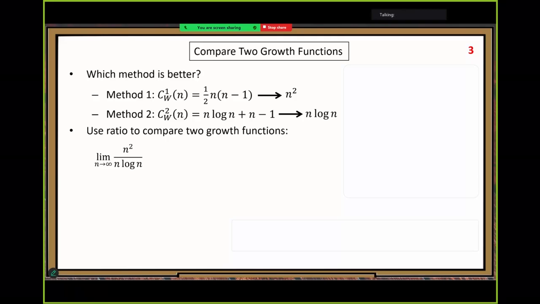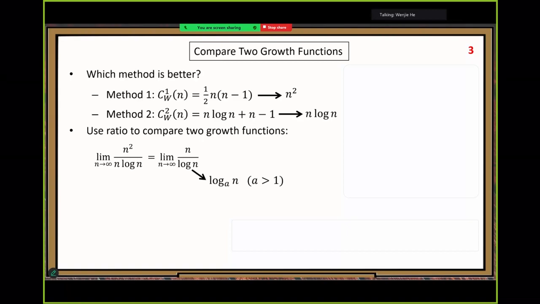All right, let's do the calculation. First, we need to simplify the ratio. After cancellation, n over log n. You may ask me, what is the base of this log function? I didn't mention it, but we can use an appropriate base a, and this a should be greater than 1.